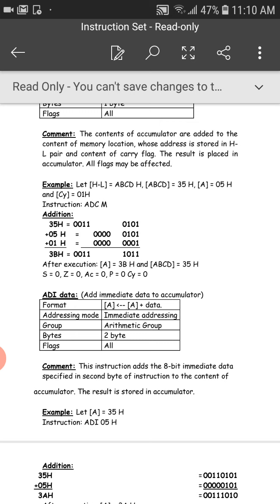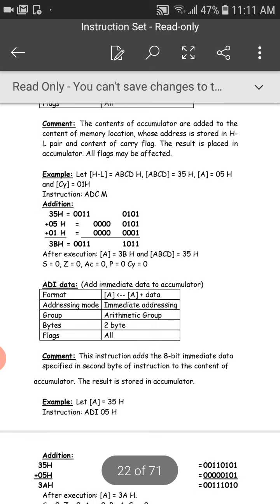So after adding this, the content of the accumulator A is equal to 3BH, and according to the result of the accumulator, the flags will be affected. So flag values are S is equal to 0, Z is equal to 0, auxiliary carry flag is equal to 0, and parity flag and carry flag are also 0.